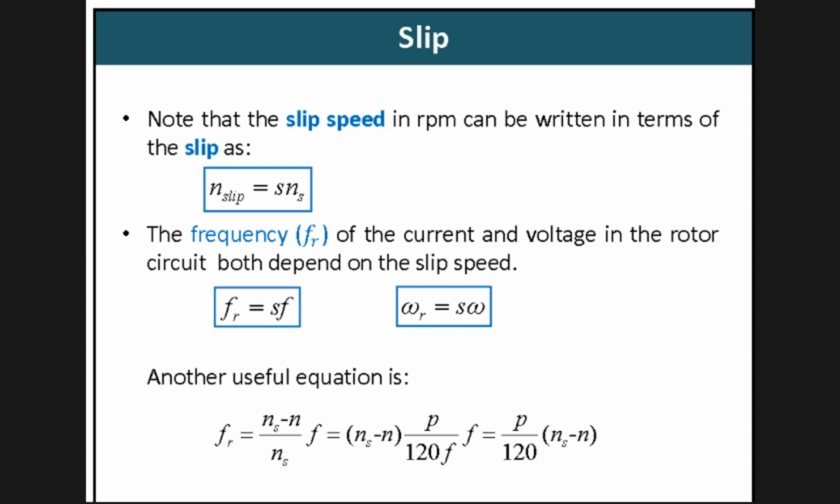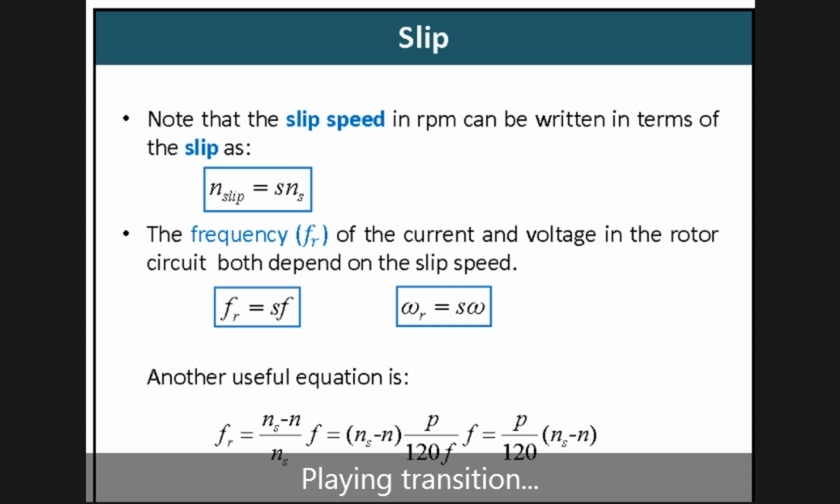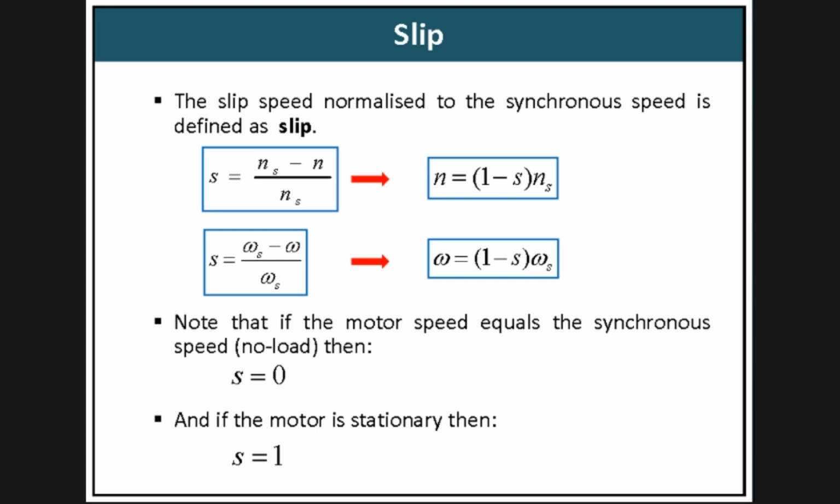The slip speed is equal to slip times synchronous speed. That is clear, right? N slip equals s times ns. That you can actually derive from the previous.